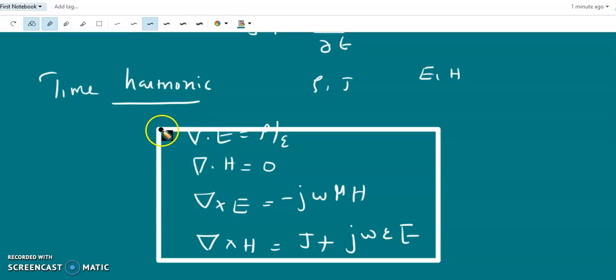So these are the time harmonic Maxwell equations for a simple medium. They are represented in terms of the source phasors rho and J, and the corresponding vector field phasors E and H. Here E and H are functions of x, y, z only. They are not functions of time since they are phasors. So in these equations, E, H, rho and J are phasors.